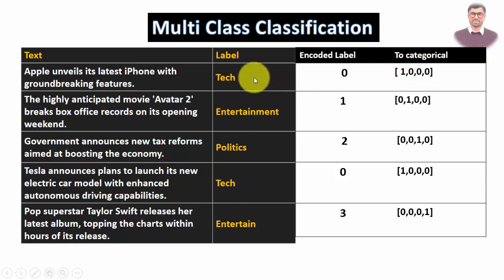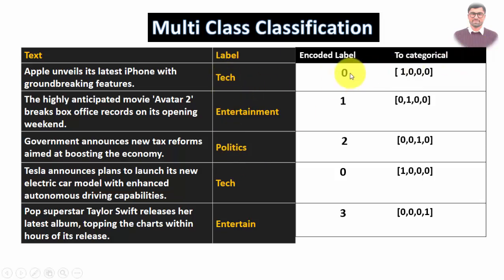So let's consider we have 4 unique classes, say another class like cartoon type news. Now if 0 represents tech, I can also one hot encode this 0, or you can say convert to categorical, like this.